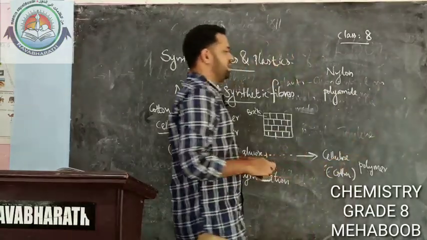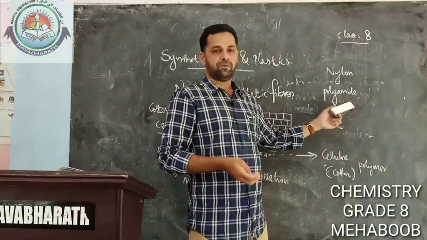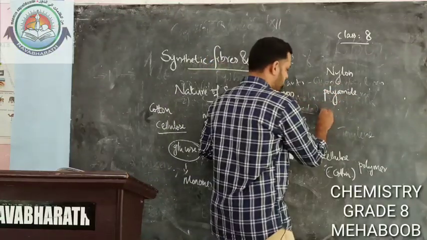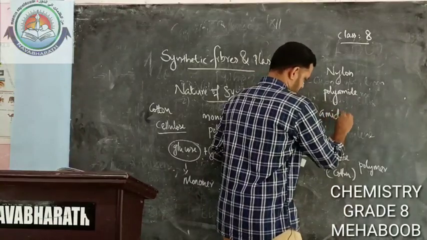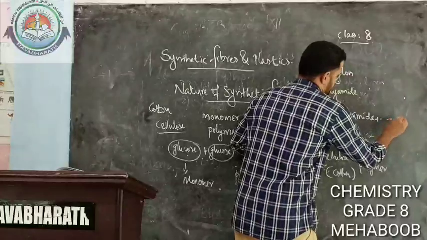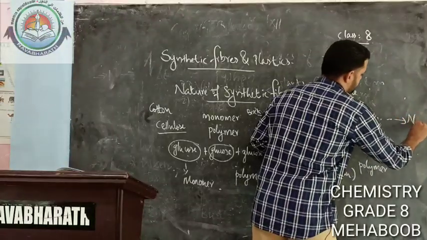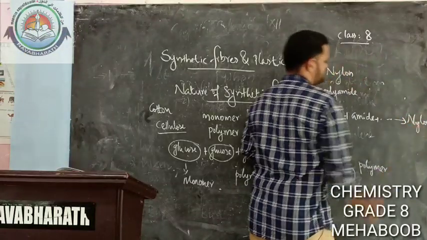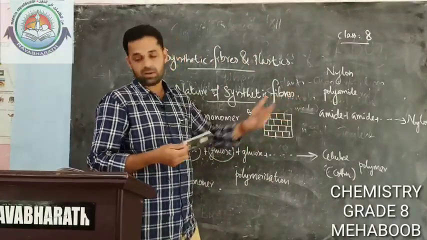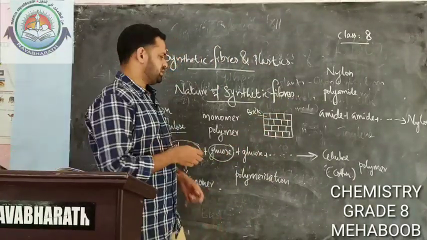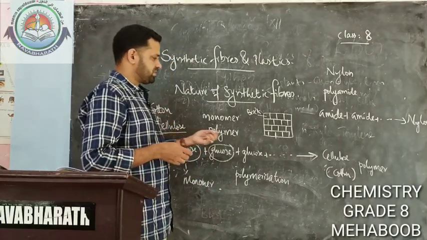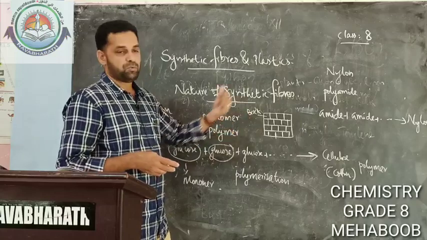Polyamide means nylon is made up of a large number of amide molecules. Many amide molecules combine to form what? Nylon. So it is also called polyamide or nylon.